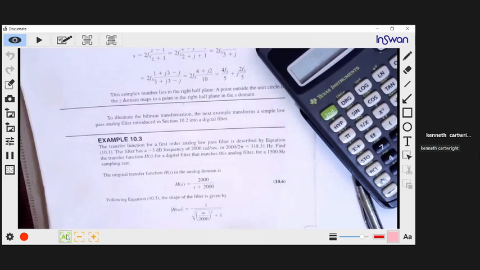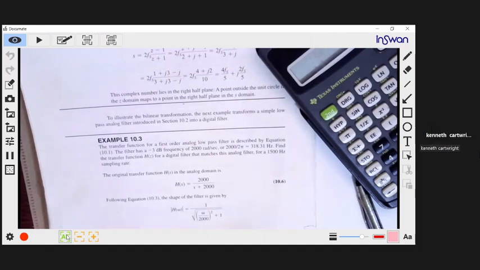Well, if y'all don't take the time to learn anything, what's the bottom equation, folks? Bottom equation is the frequency response, right?